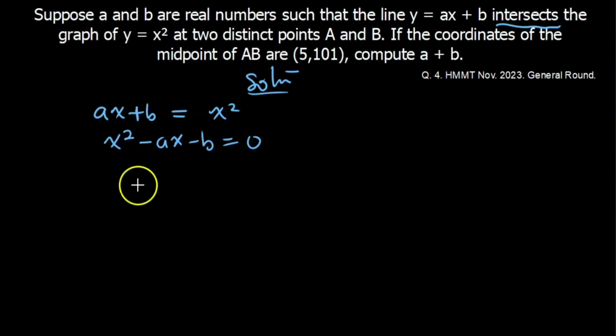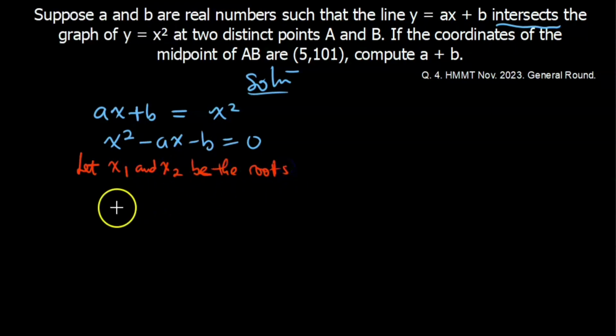If we've written the quadratic, we don't have to solve it, but let's assume that the solutions are x1 and x2, in other words, they are the roots. That tells us that for x1, the corresponding y1 will be the square of x1.